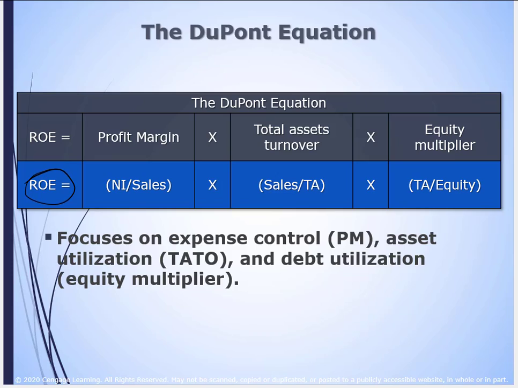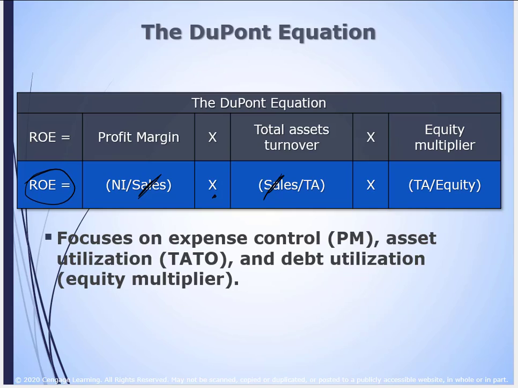There are really three kinds of decisions that improve return on equity. Before we get to talk about those in particular, let's look at the math in the formula. So we have net income divided by sales multiplied by sales divided by total assets. If you multiply those two things together, sales divides out.